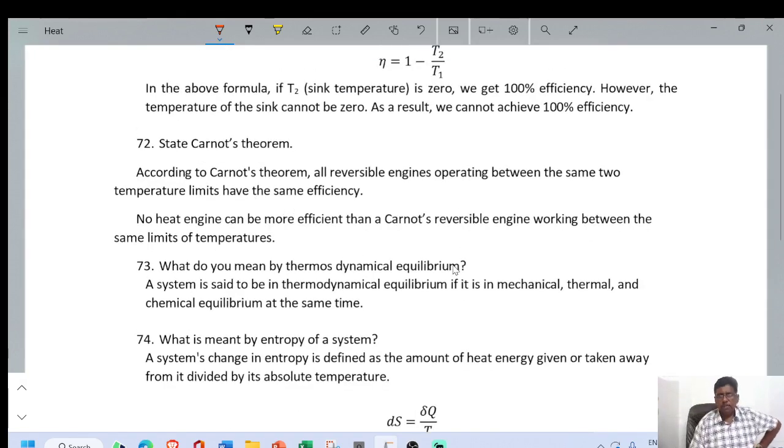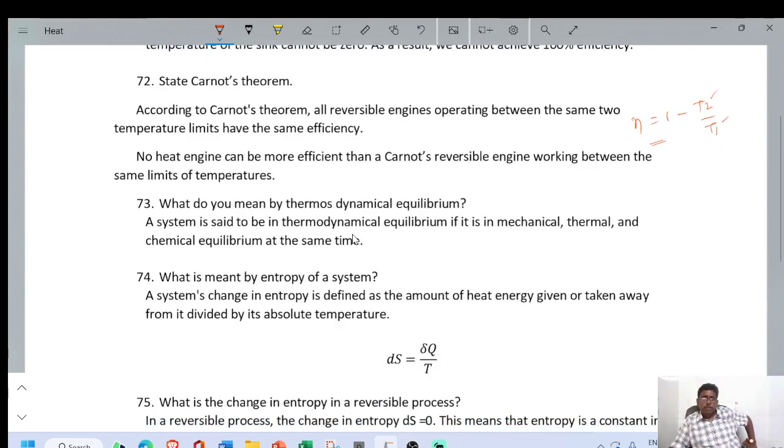We know that efficiency eta equal to 1 minus T2 by T1. The efficiency depends upon the temperature of the source and the temperature of the sink, which is independent of the nature of the working substance. Suppose you allow a few reversible engines working between these two temperature limits, all may have the same efficiency.